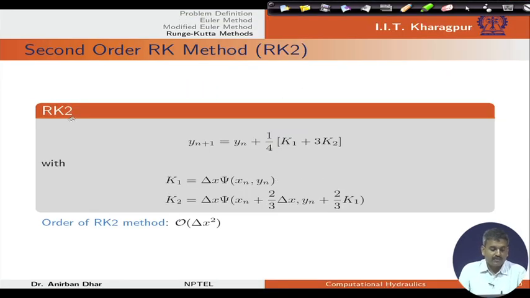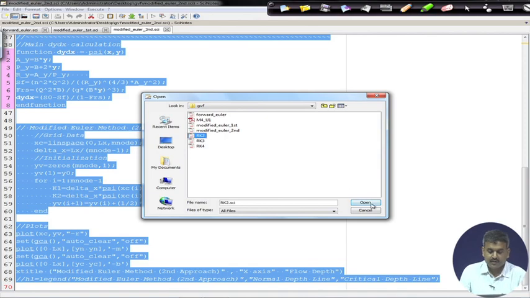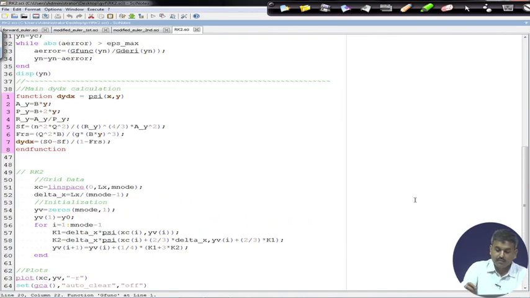If we utilize our RK2 again, we need to calculate this K1 and K2 as per these expressions. In that case, the only change is for this K2. K1 is similar to our previous one, but this 2/3 delta x and 2/3 K1 is a different thing, and the final step, 1/4 K1 and 3 K2, is there.